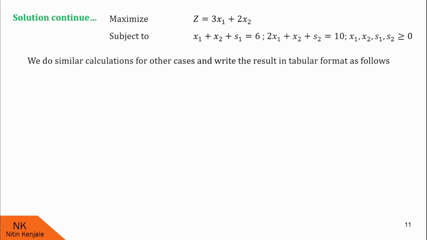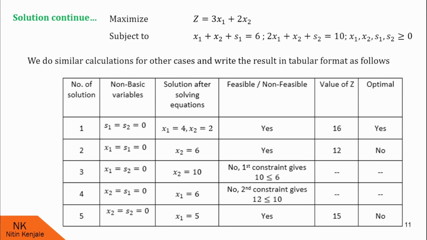In this way, we calculate for other cases and we write the result in tabular format as follows. This is how we create a table. Table headings are number of solutions, non-basic variables. In this column, we are going to write the variables that we choose as non-basic variables and we keep them as 0. In the next column, we will write the solution after solving the equations.